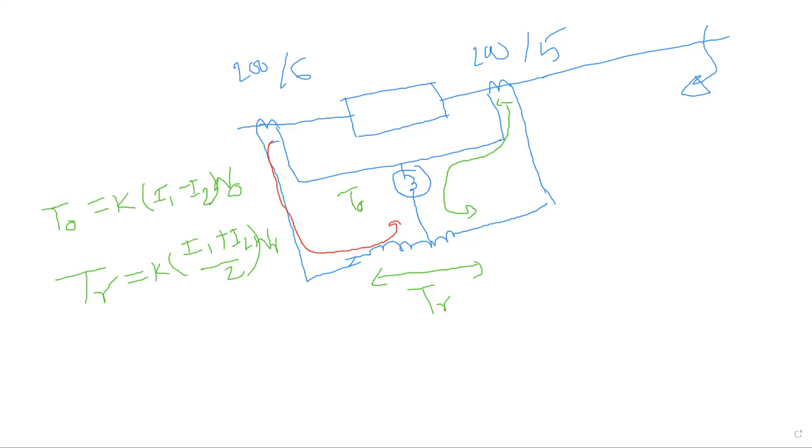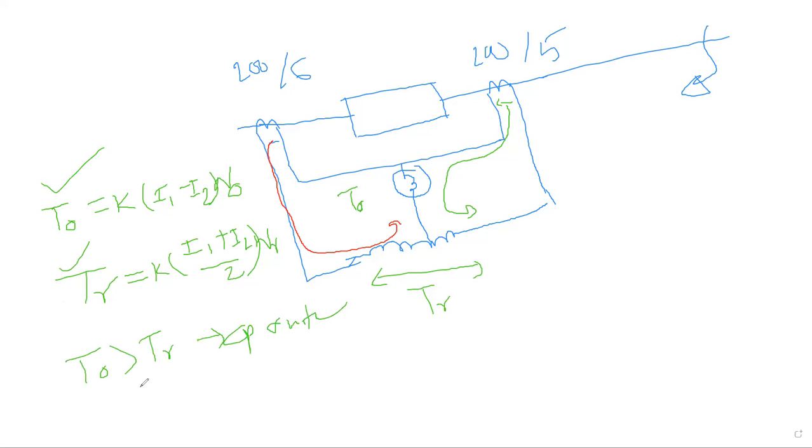All right. Now, whether this differential relay will operate or not depends completely on the two values, T naught and TR. So if T naught is greater than TR, that means if the operating torque becomes greater than the restraining torque, the relay operates. All right.